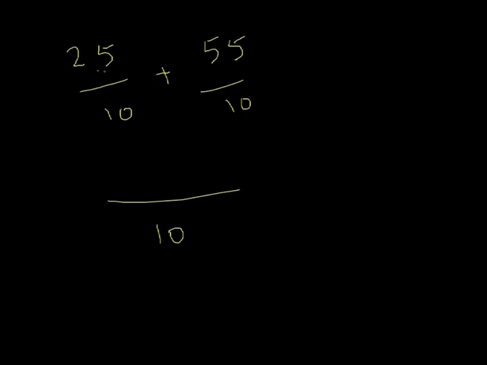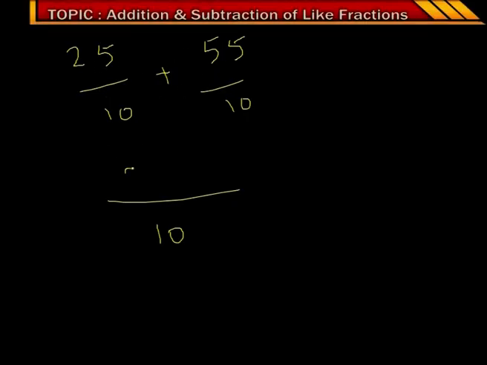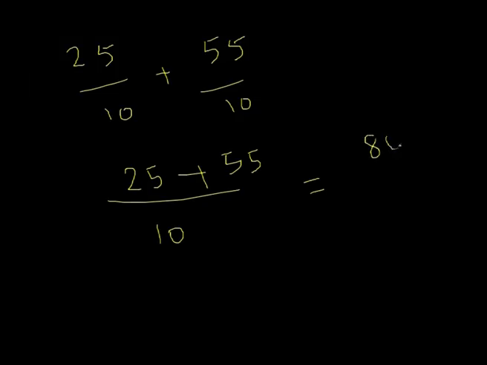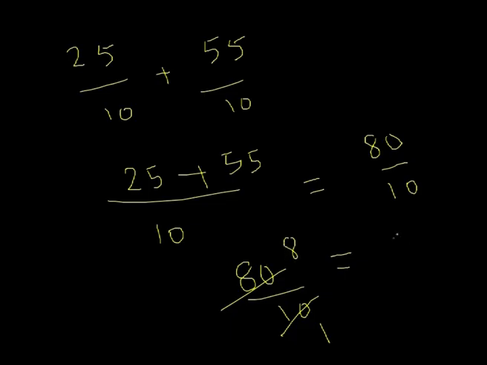And when we are adding two like fractions, we add the numerators. 25 plus 55 equals 80 by 10. And see children, what does 80 by 10 mean? You divide 80 by 10. 10 ones are 10, 10 eights are 80. So the resultant is 8. Okay.